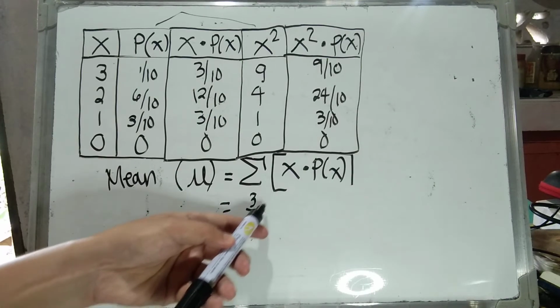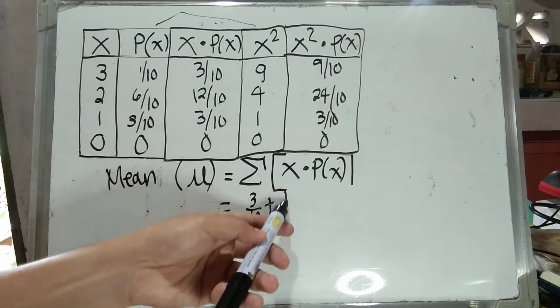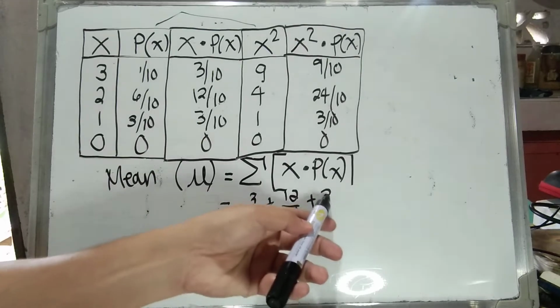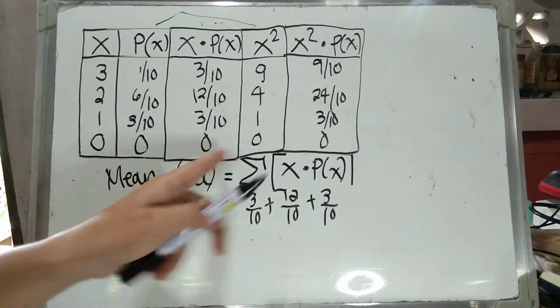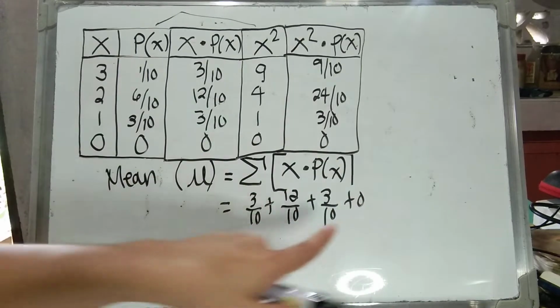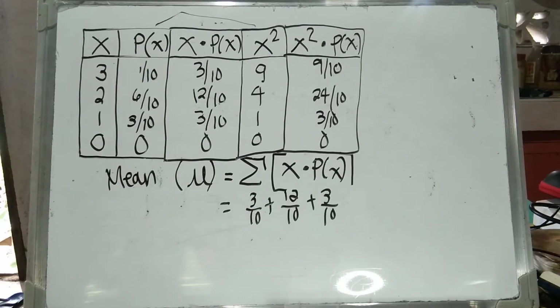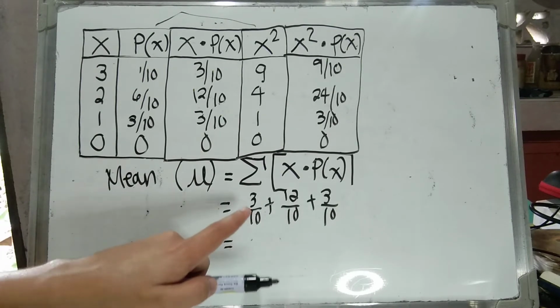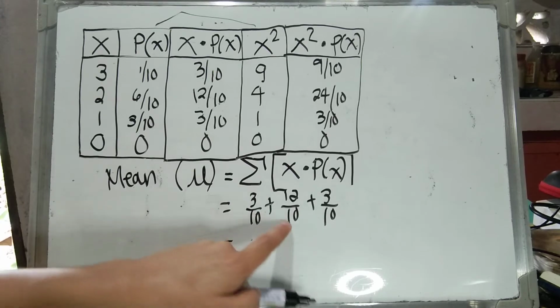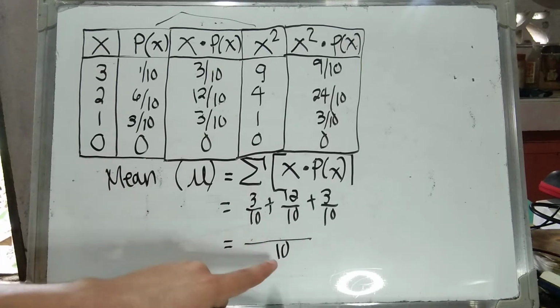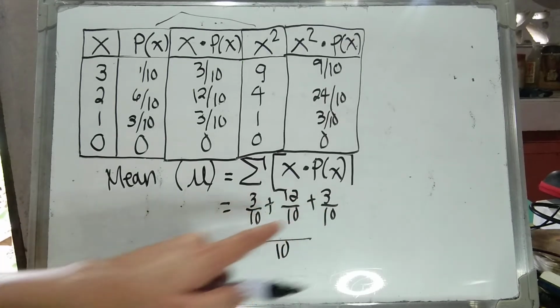So 3 over 10 plus 12 over 10 plus 3 over 10 plus 0. But 0 is no longer part of the game because this is just 0. So according to the rule, if you are adding fractions with the same denominator, all you have to do is copy that denominator and add all the numerators.